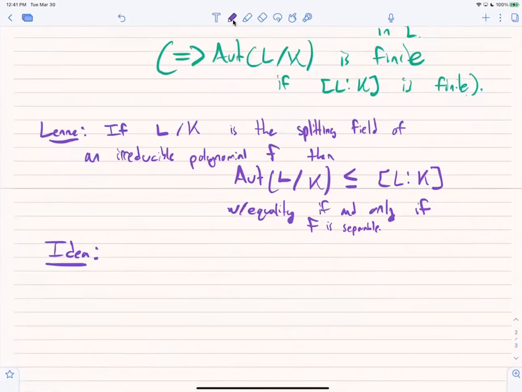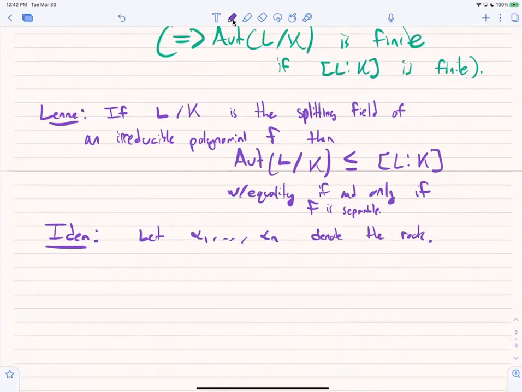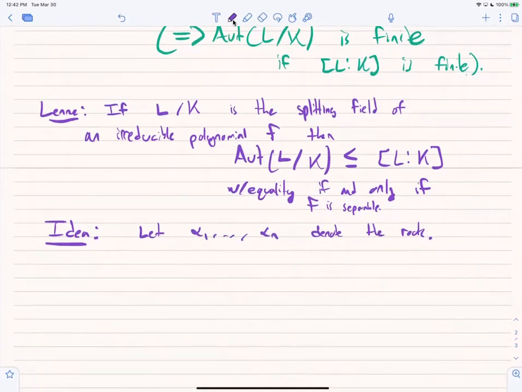So what is the idea? Well, okay, let me just number the roots. Each of these, I know L is equal to K(alpha 1 through alpha n).